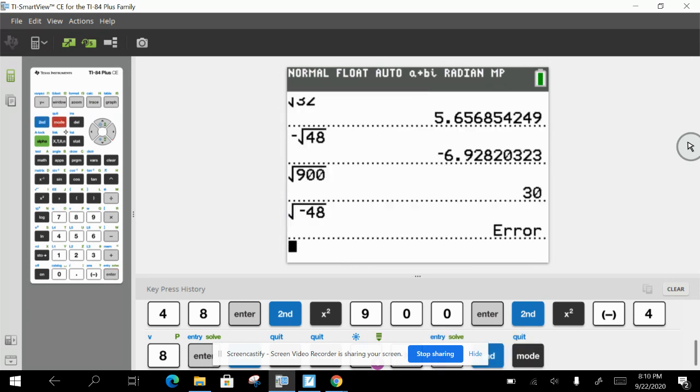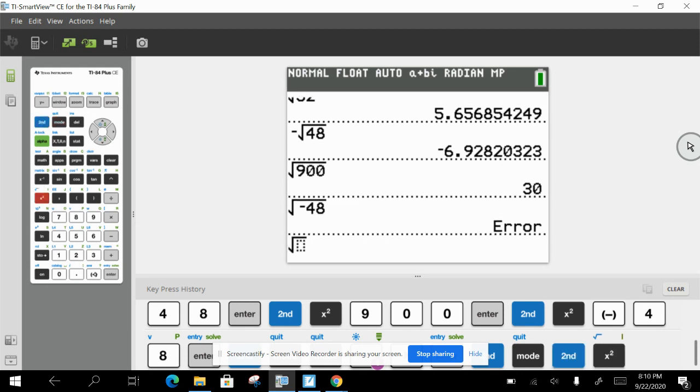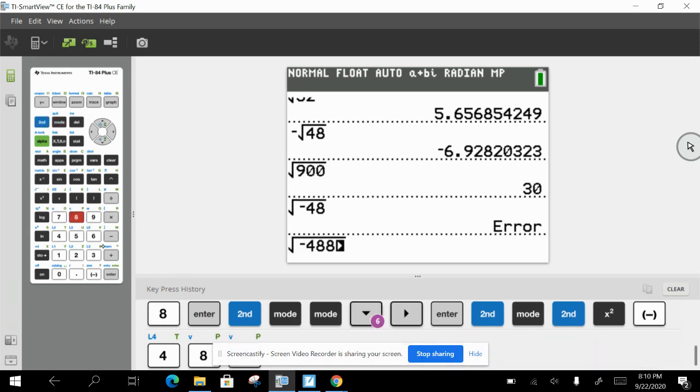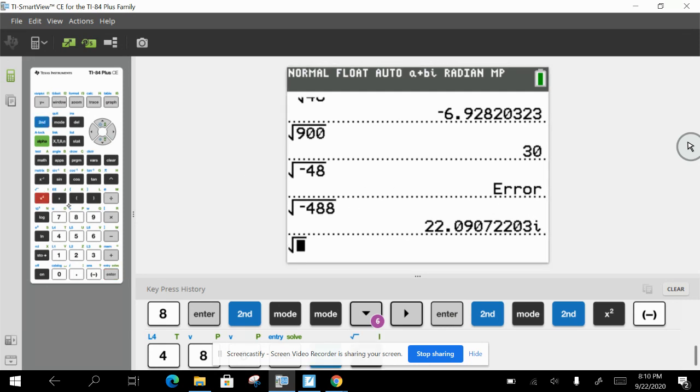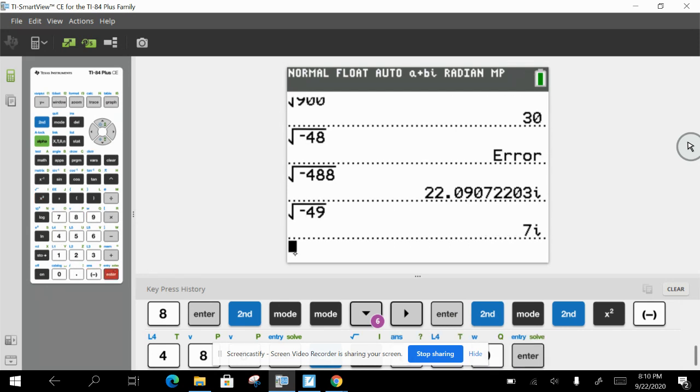I'm going to try typing this in again. So the square root of negative 48, and it gives you 22.09 blah, blah, blah, i. Oh, wow, I typed in something really wrong. Let's just try negative 49 to give us a perfect square. 7i.